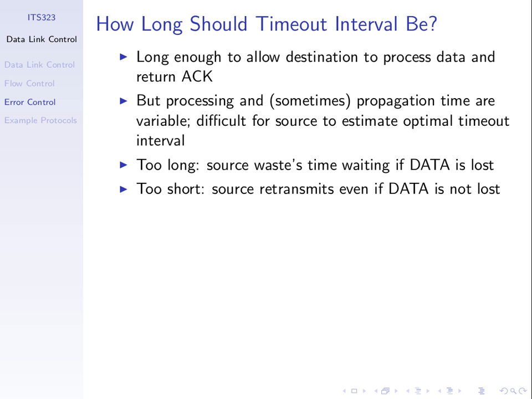The problem with this is that in real life, it's hard to predict how long it takes a receiver to respond, because sometimes the propagation delay may vary, the transmission delay may vary. So in some protocols, knowing how long it takes to respond in advance is not possible. It varies. Sometimes it's small, sometimes it's large. Whereas the timeout interval needs to be known in advance.